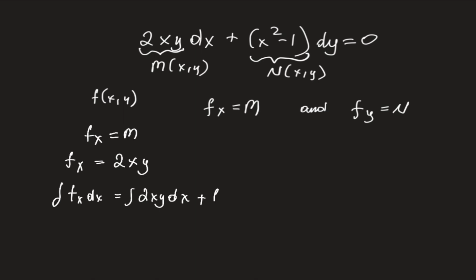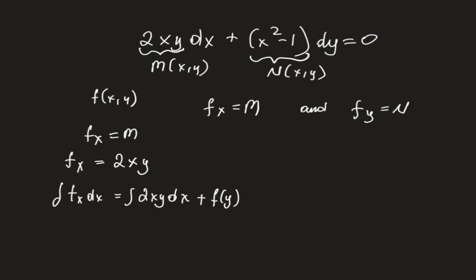We're going to call it f of y, because we have this partial derivative with respect to x, but there could have been some function of y or a constant that produced a 0 for us, which is why we're going to have this function f of y added to this integral. So now I'm going to integrate.